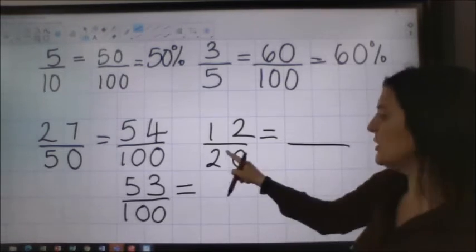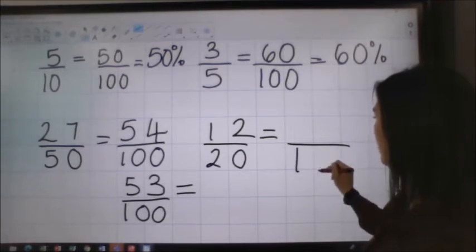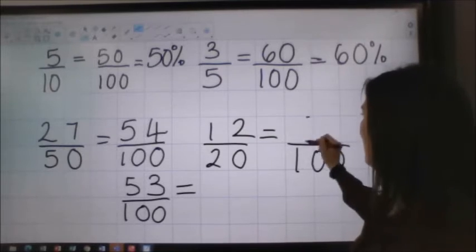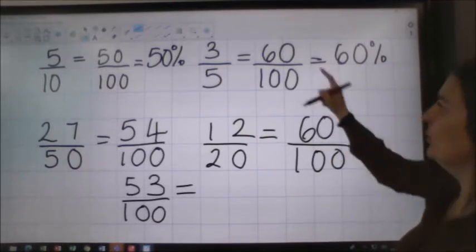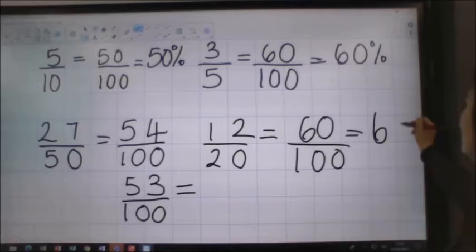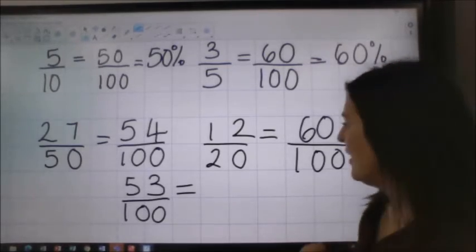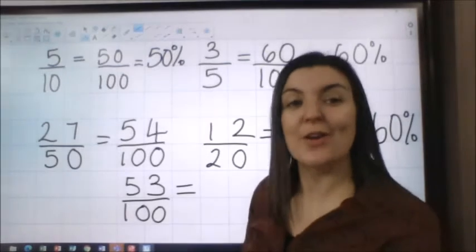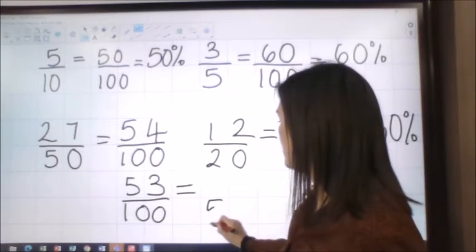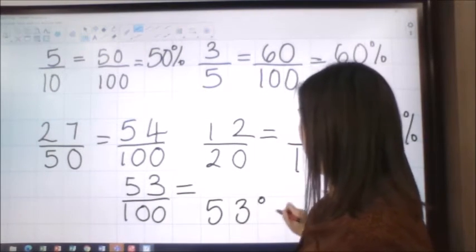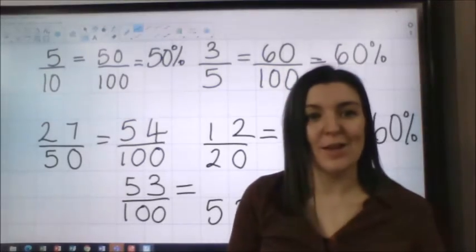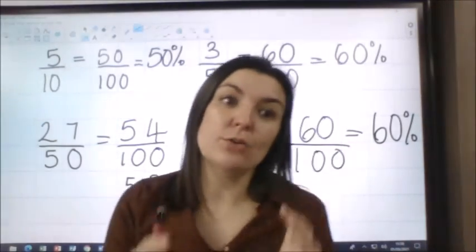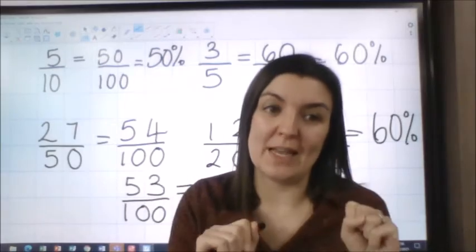So 20 multiplied by 5 is 100. 12 times 5 is 60. Oh, those ones are the same. So 60%. And then finally, this one, the final one was the easiest one. It's already out of 100, so you should have got 53%. Okay, so that is how you do your fractions into a percentage.